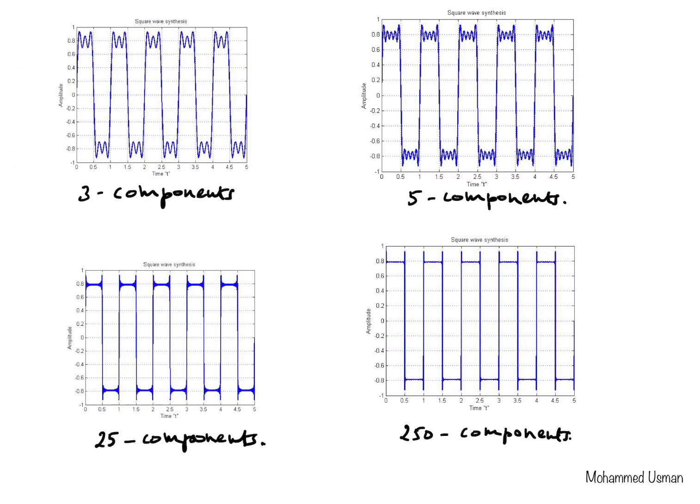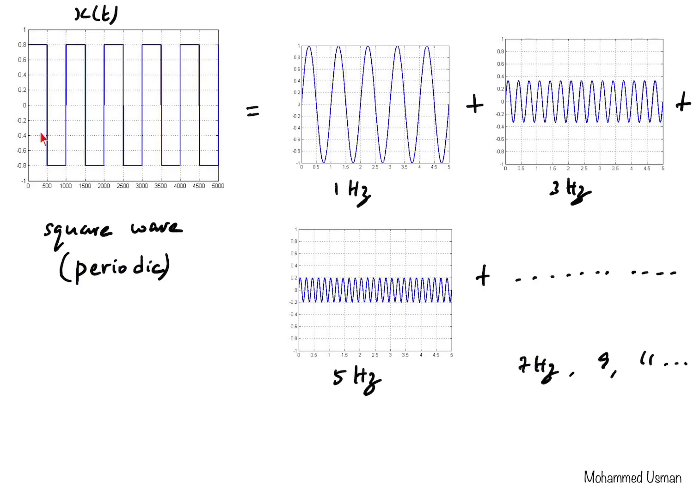To get exactly this waveform, we need to add infinite such components for this particular signal. The reason for that is that we are trying to represent the sharp vertical lines using smooth curves.